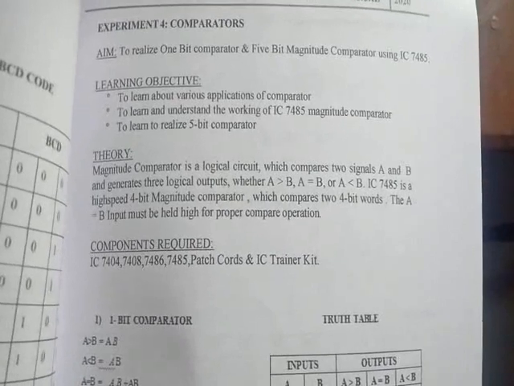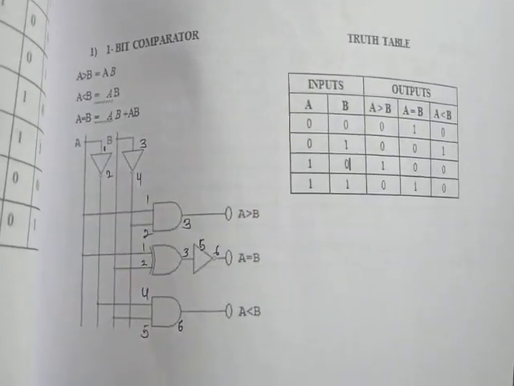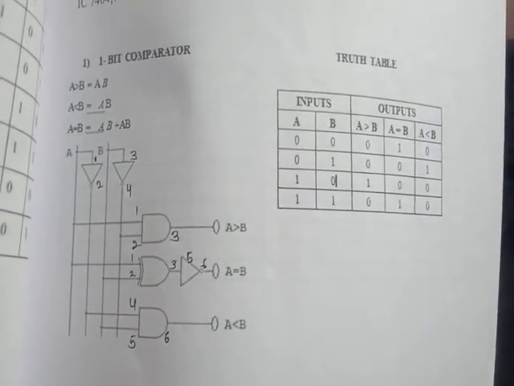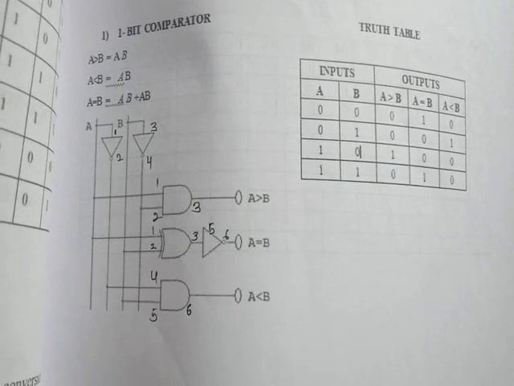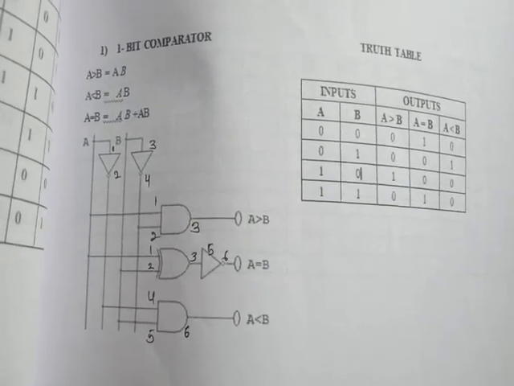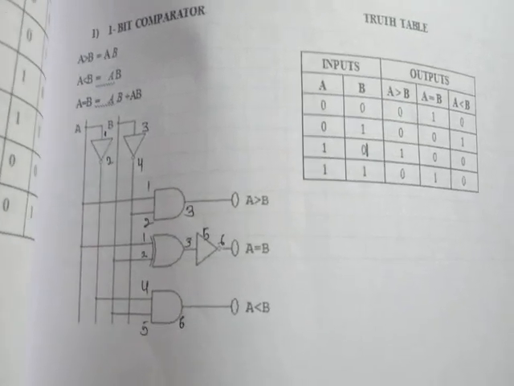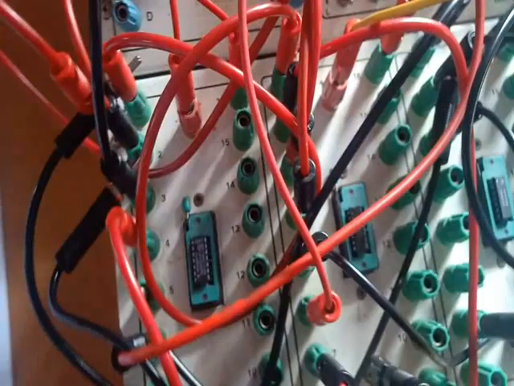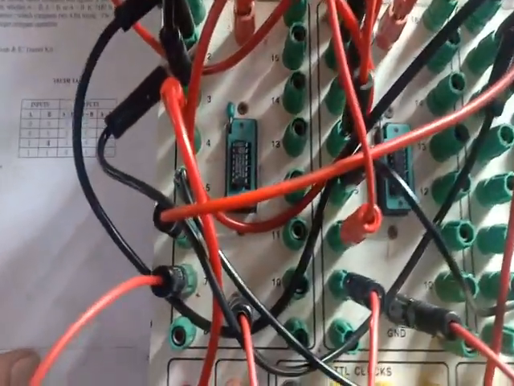Okay, coming to the practicals. We have to implement a 1-bit comparator using a NOT gate, then an AND gate and XOR gate. These gates we need. The connection is shown with the pin diagrams, and the same connection is being implemented on the trainer kit with the corresponding ICs.